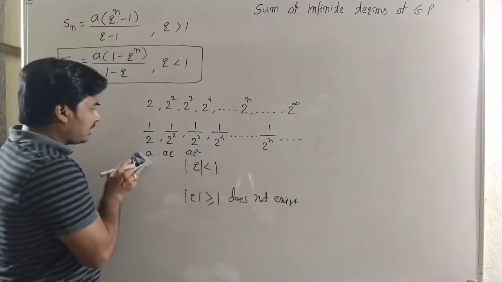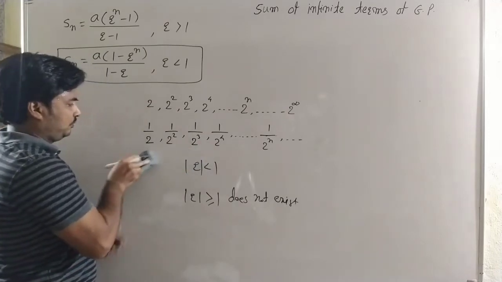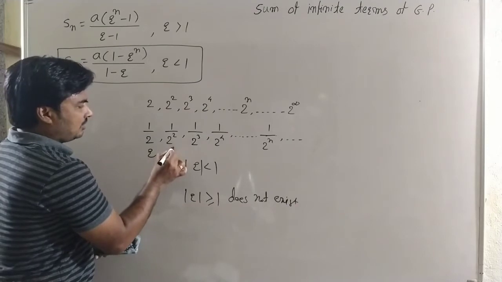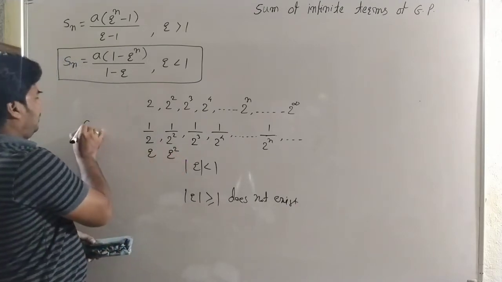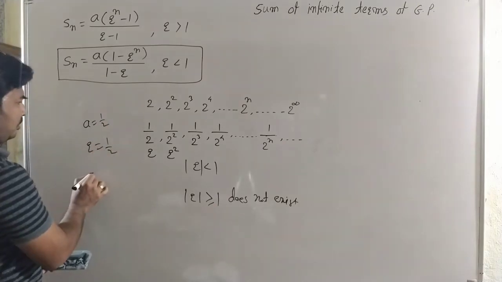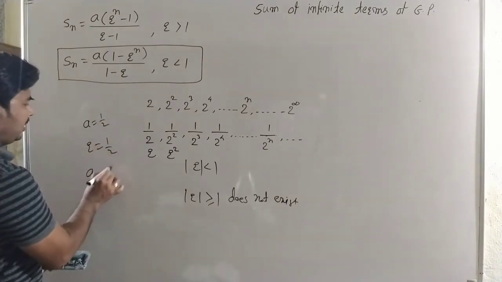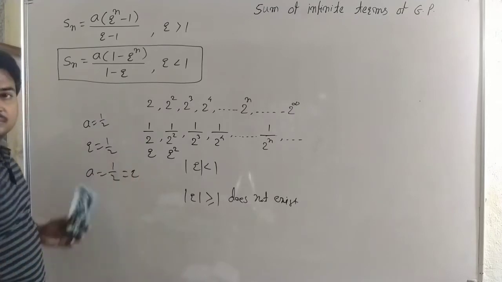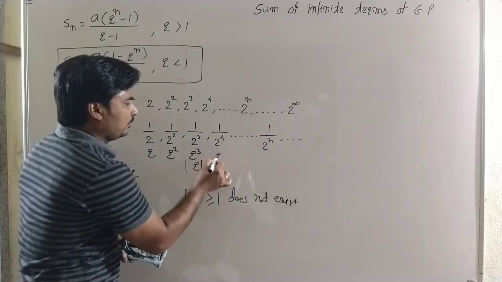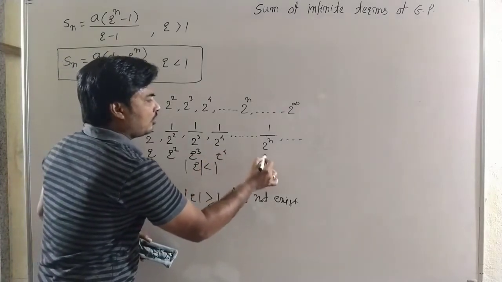When we take a equal to 1/2 and r equal to 1/2, the first term a is 1/2, then r squared, r cubed, r to the power 4, up to r to the power n.